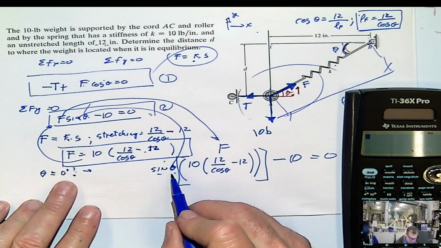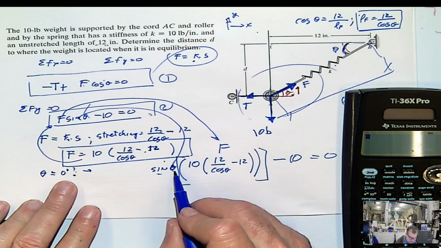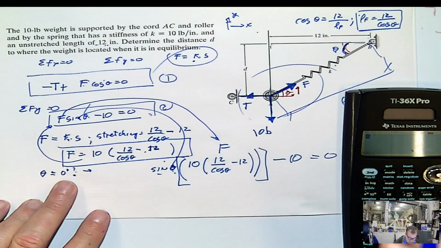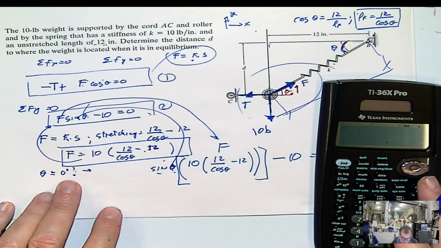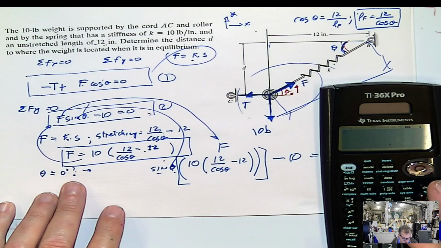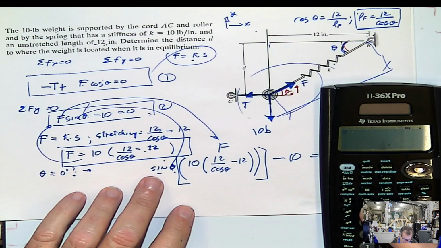If it happens that this theta equals 0 is the value, I should get 0, right? So that would be really impressively lucky if that happens. So let's put the equation.